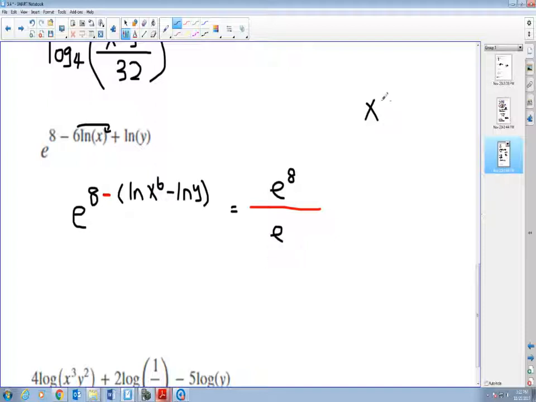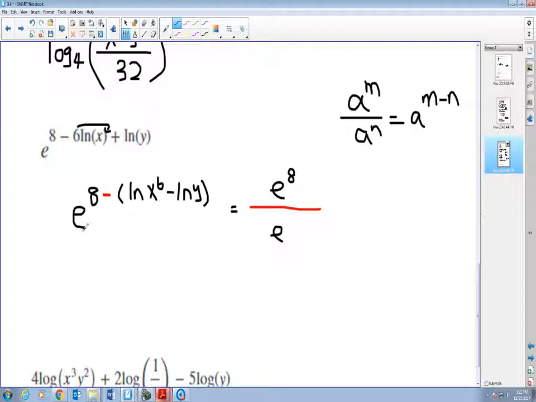For example, if I got a to the m over a to the n, that becomes a to the m minus n. So this minus sign, that minus sign becomes division. This single base a splits into two bases for the quotient rule.